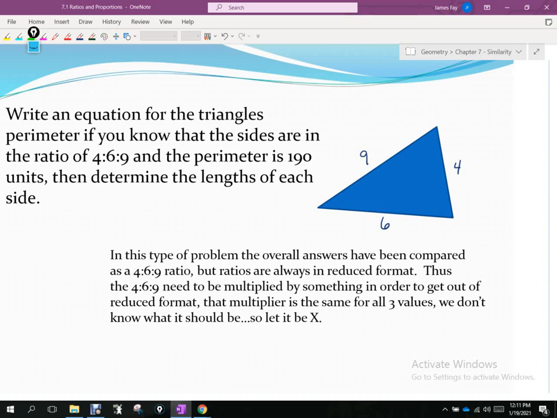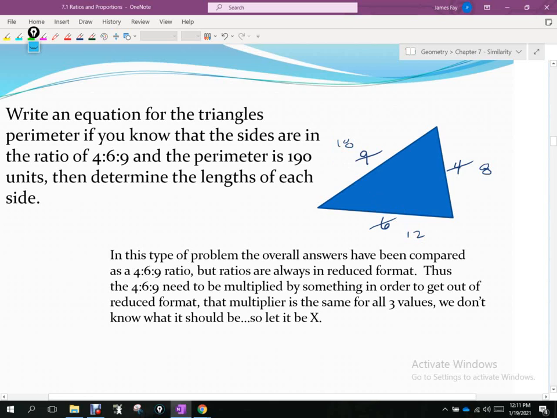Right away, I think maybe some of you can already see what the answer is, but I want to talk about this a little bit more in depth than just going straight to the answer. If they are 4, 6, and 9, but those are reduced, that means each value those 4, 6, and 9 came from was reduced. So there are 3 unknown values here, and they all got reduced by the same factor. So let's say that these things got reduced by a 2. So instead of being 4, 6, and 9, they were actually 8, 12, and 18. That's still a 4, 6, 9 ratio, right?